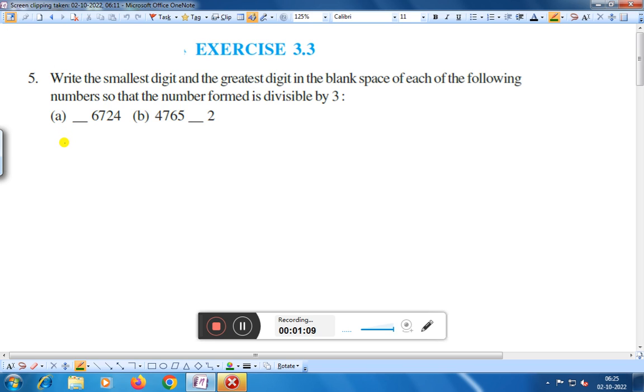The question is A. The number is dash 6 7 2 4, right? Suppose in the dash we take one value, that is x.